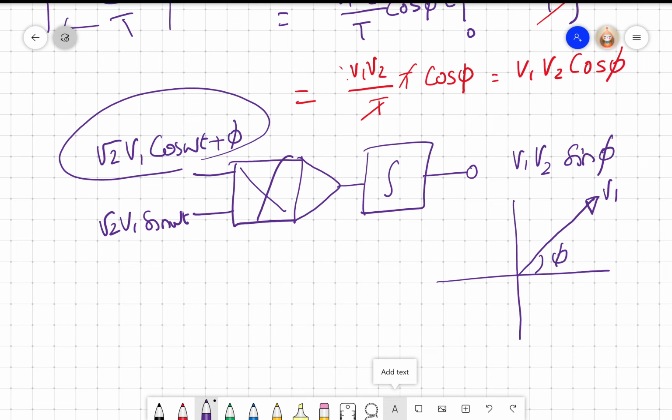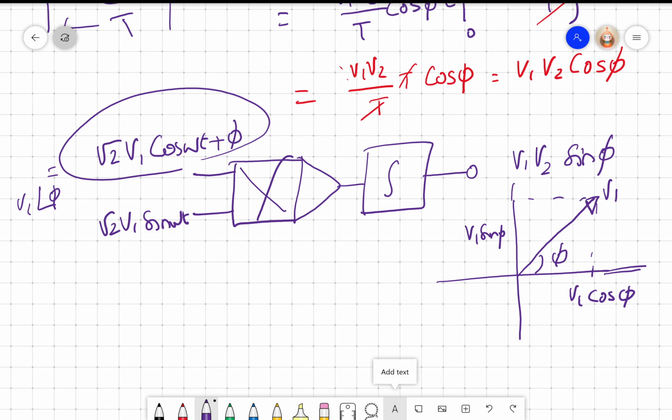So the RMS value of the cosine function is the magnitude of the phasor, and it is shifted by phase angle phi, right? That's the phasor V1, so this is V1 angle phi. If I look at the components on the real axis and imaginary axis, this is V1 cos phi, this is V1 sin phi, right?